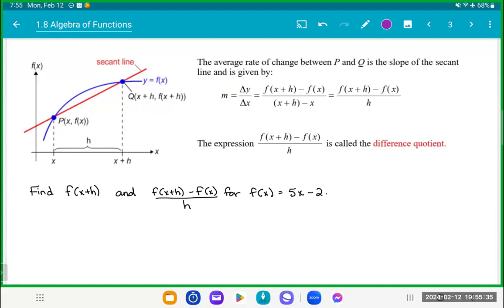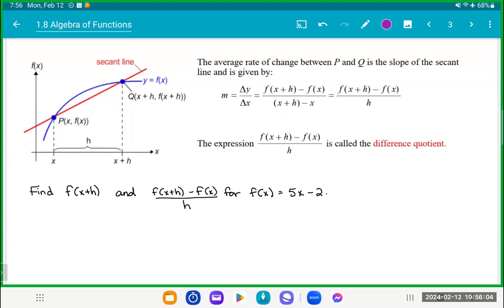When we're looking at it in terms of x plus h instead of x1 and x2, we can still apply the same logic and theory. It simplifies down to f of x plus h minus f of x, divided by h, and that's called our difference quotient.